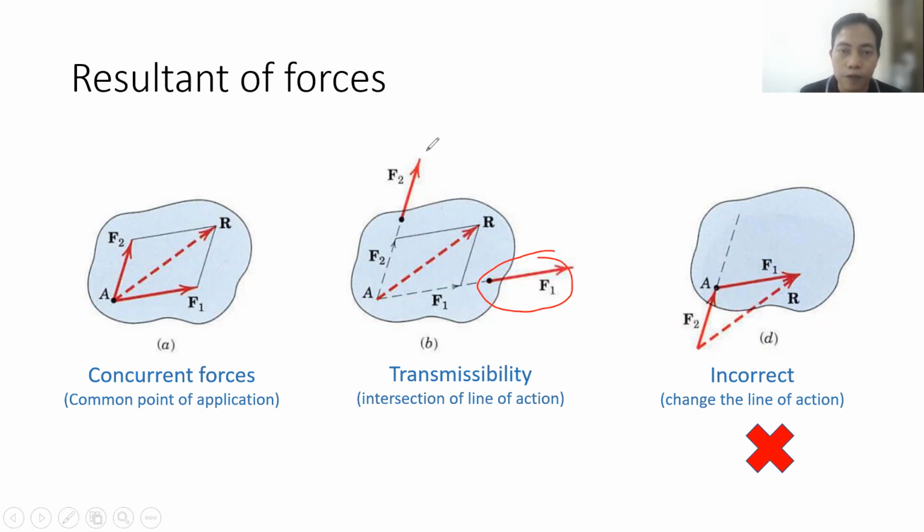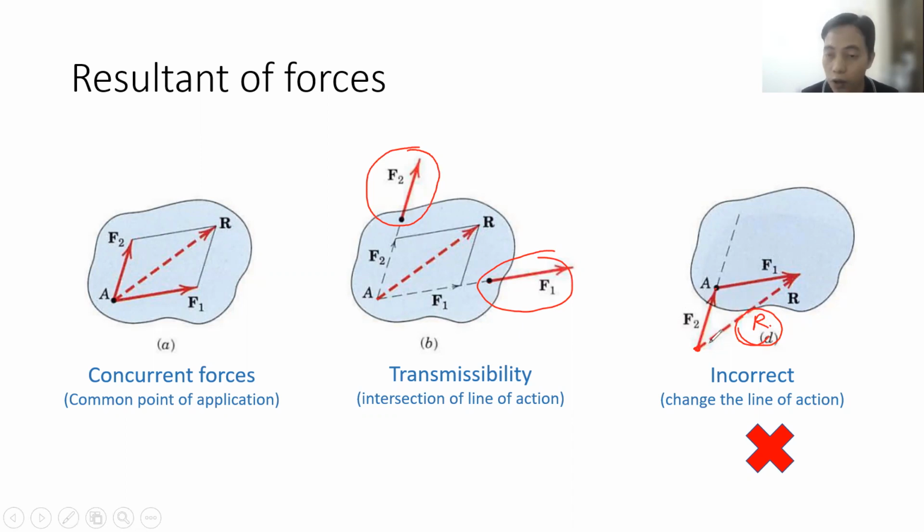But then if we reposition F2 also so that it is applied at point A, but the location of the tail of F2 is outside of point A, then it will give us a resultant of force which does not start from point A. Here, the resultant of force does not pass through the common point of application.